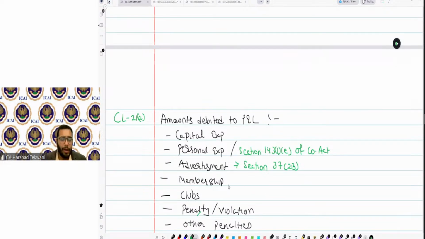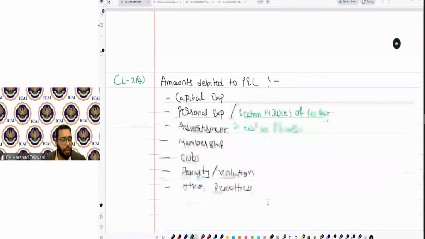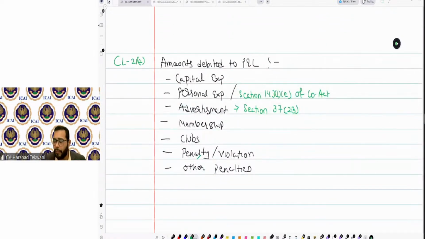Then you have penalties or fines that are required to be reported. Now, with respect to penalty or fine, which penalty or fine are required to be reported over here? So when I talk about penalty, fine, or violation, this includes all the laws which are for the time being enforced, for any law.